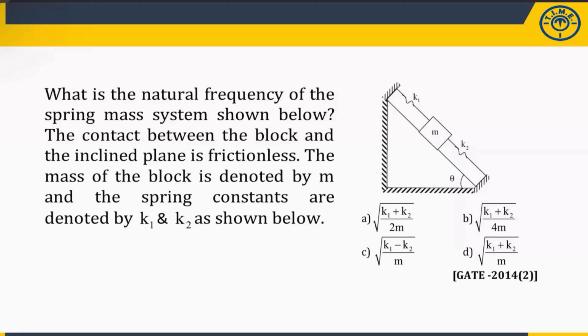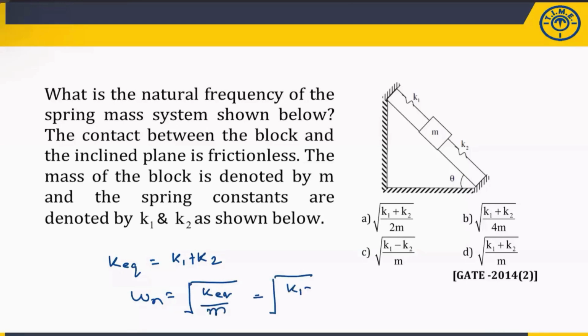Very simple, no? So these springs are connected in parallel. So K1 plus K2, the natural frequency, you know, is the square root of K equivalent divided by mass m. So what is this value? K1 plus K2 divided by m. That means option D is the correct one.